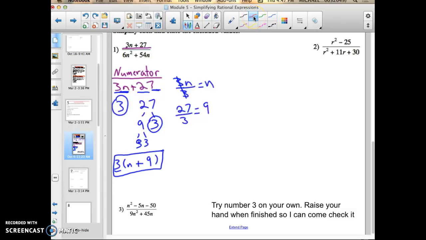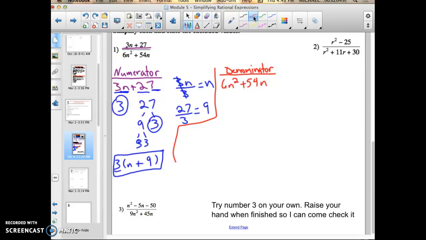Now let's move on to the denominator. I'll show my work here for the denominator and try to separate it as best as possible. The denominator is 6n squared plus 54n. Now it's the same process.